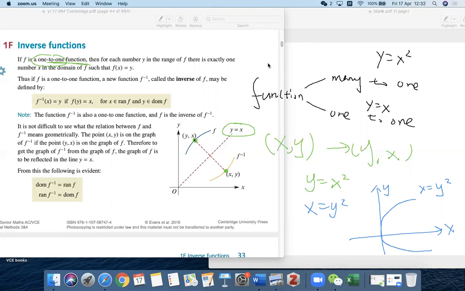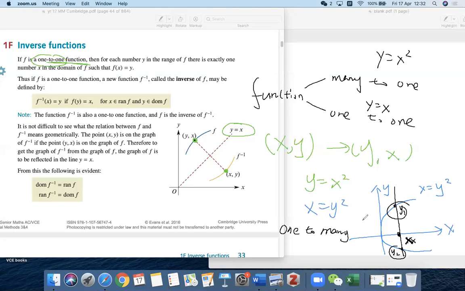Why? Because if we use the vertical line test, we know for one x value we have two y values. So for one x, we get y1 and y2 corresponding. In this case, this relation becomes one to many, which according to our definition is not a function.